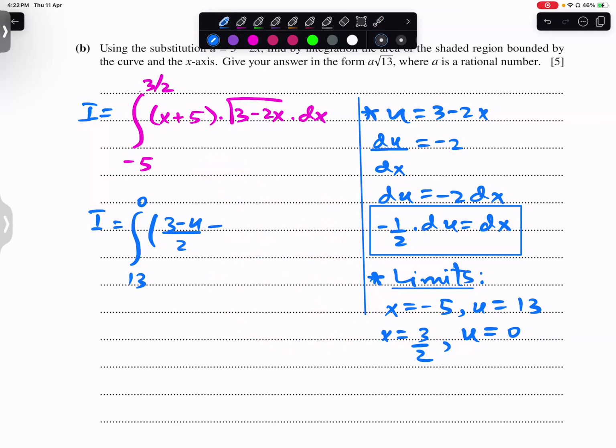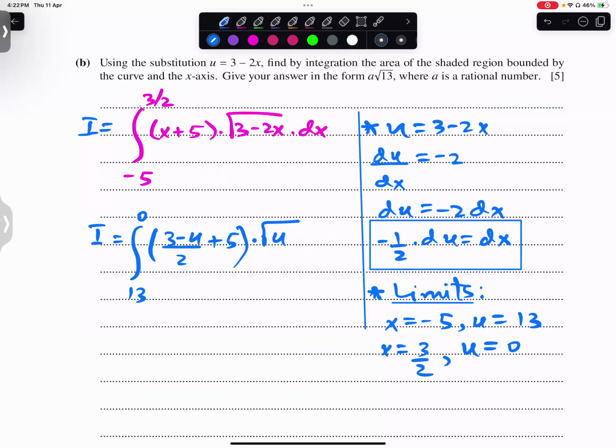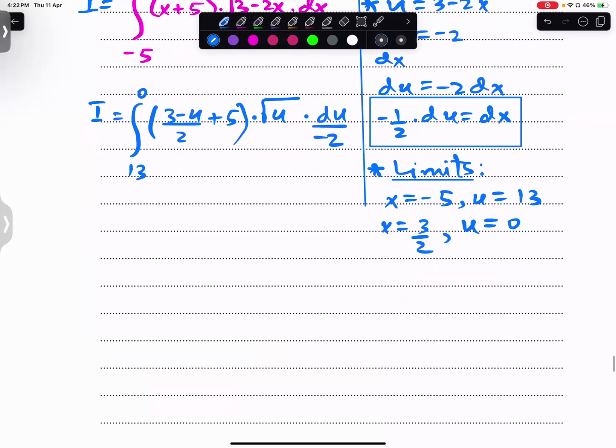Okay. Plus 5 times 3 minus 2x is u. And what is dx? dx is du over minus 2. So right here, bring all the constants outside the integral.